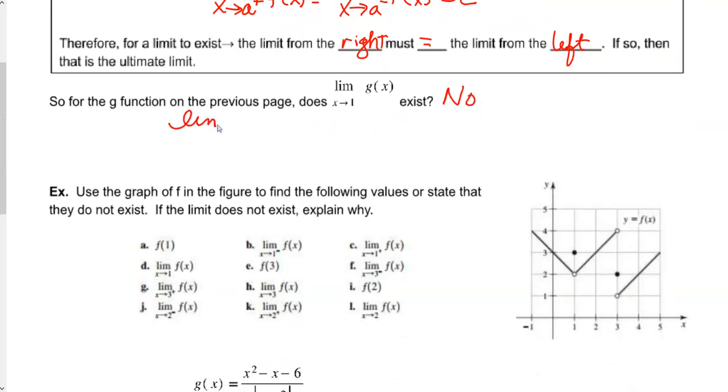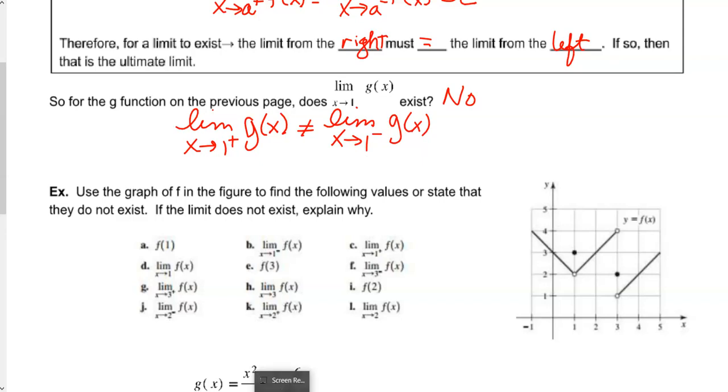Because the limit as x approaches 1 from the right of g of x does not equal the limit as x approaches 1 from the left of g of x. Okay, one is -2 and the other is 2. All right, very good.